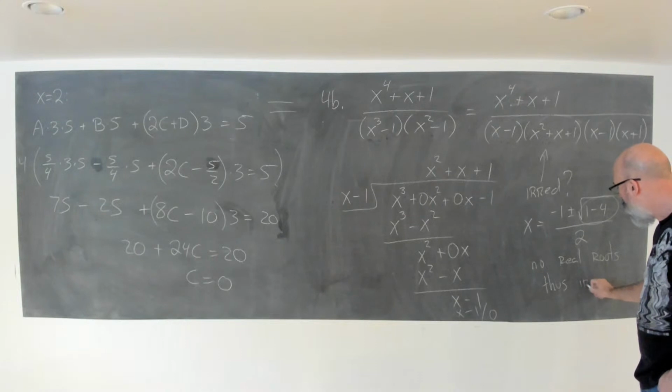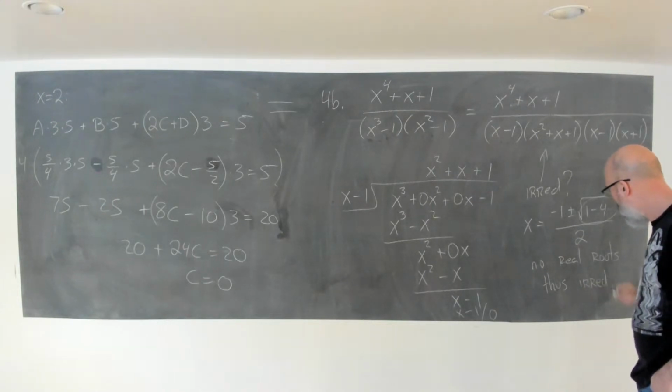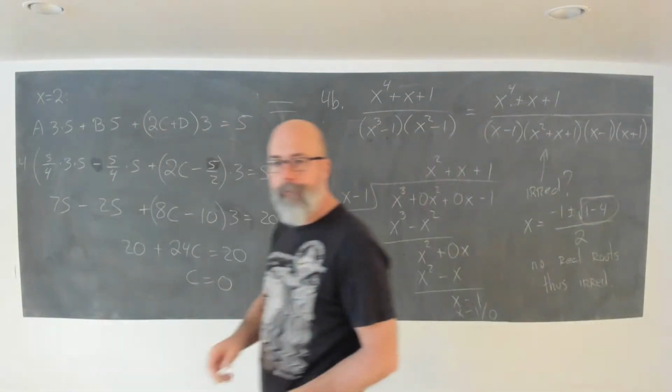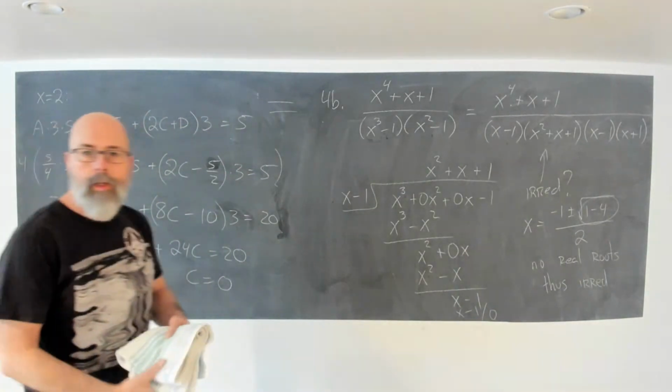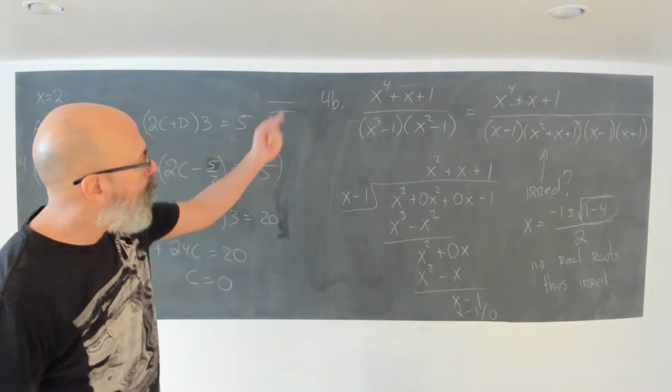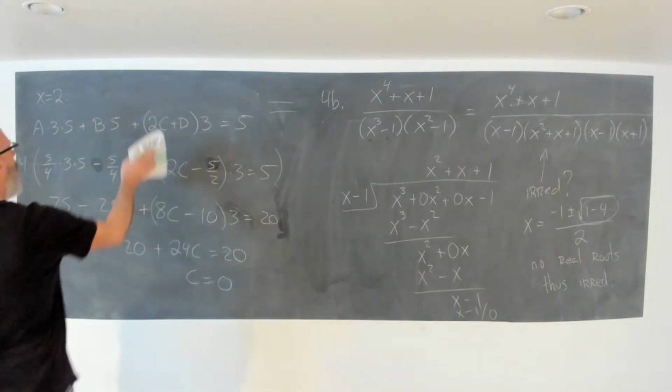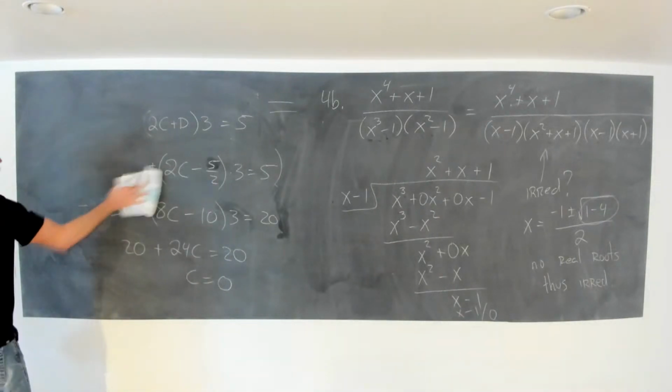Thus, it's irreducible. If the numerator was x squared plus x plus 1, they could cancel out, absolutely.